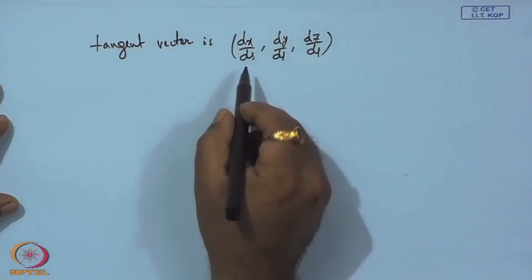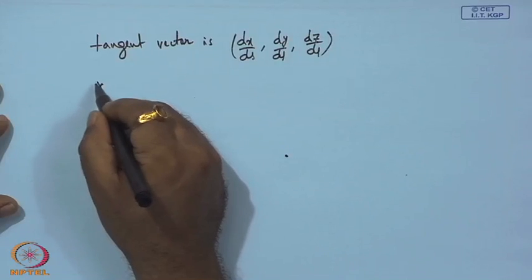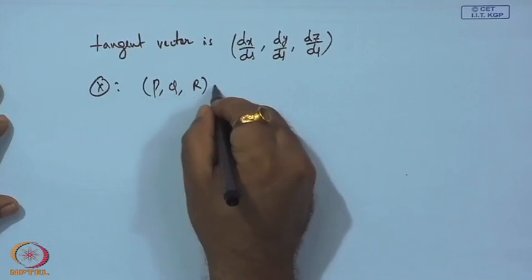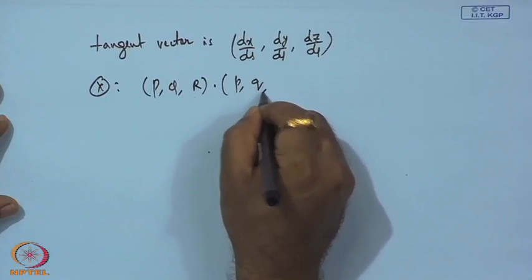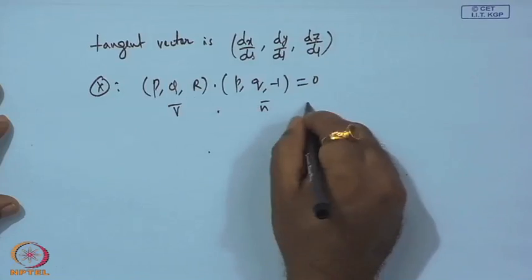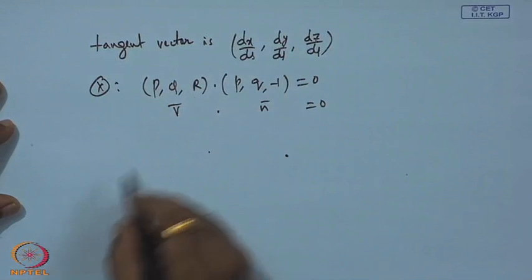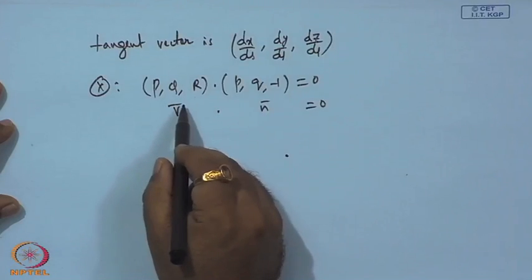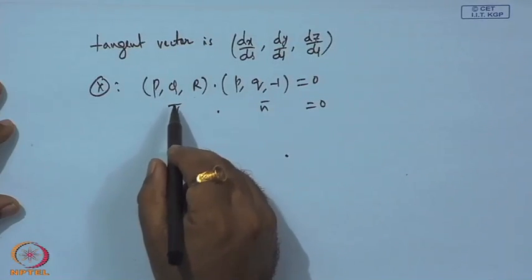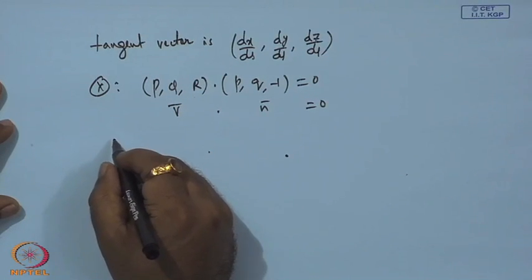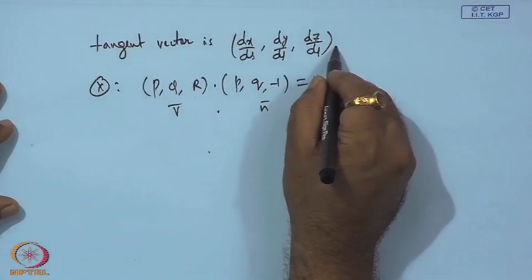So, now from star, what is our star? P, Q, R, so this is n bar, this is v bar, this is 0. So, we have noticed that v bar is along the tangent plane. So, therefore, our inference is, see, this is the tangent vector.